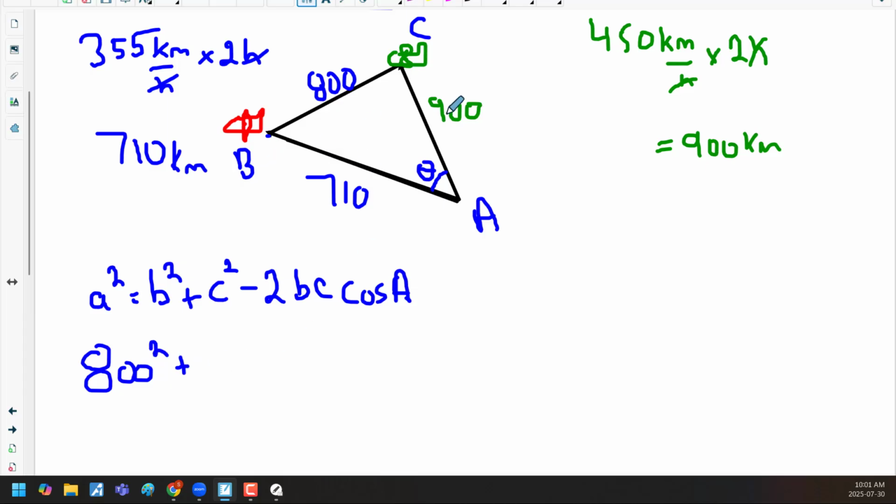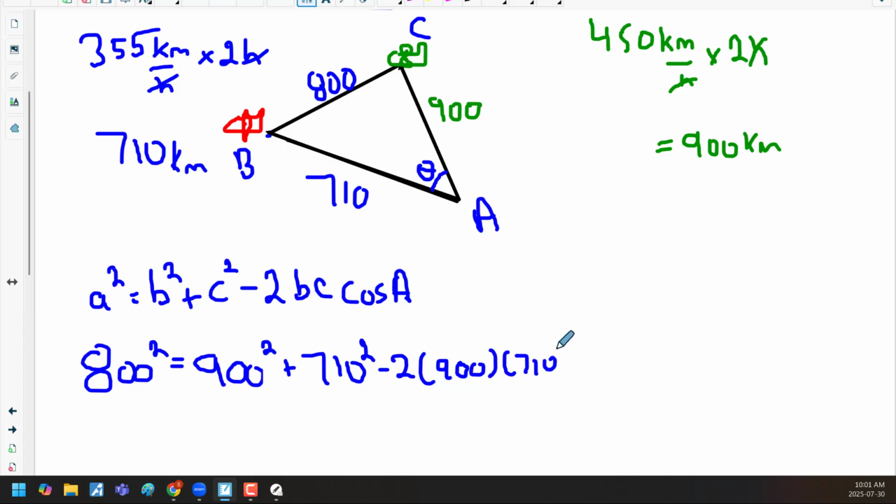Sorry, I have a plus sign there, it's supposed to be an equal sign. So lowercase b is 900 squared plus 710 squared minus 2 times 900 cos theta.